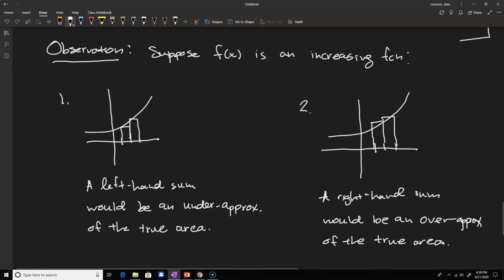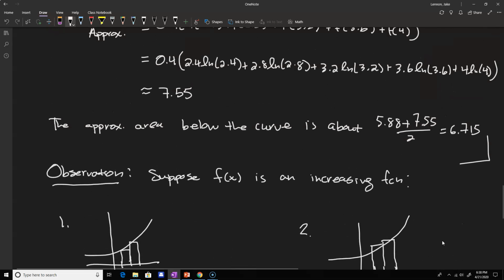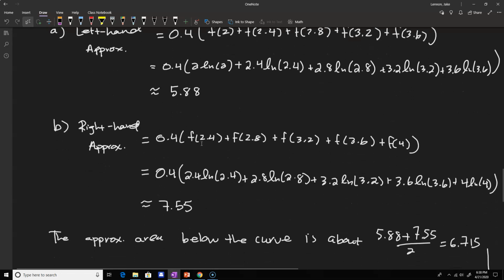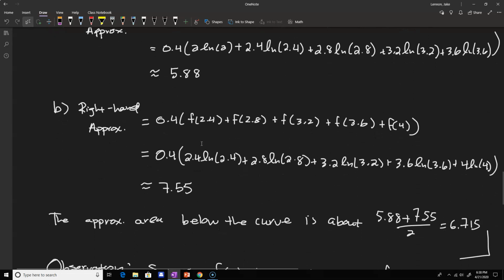And if we think about x natural log of x, that would be an increasing function, so that's what we get in the previous example. So the left-hand approximation was 5.88, which is going to be less than the true area, a bound below, and the right-hand approximation would be a bound above. So we know the true area is somewhere in between.